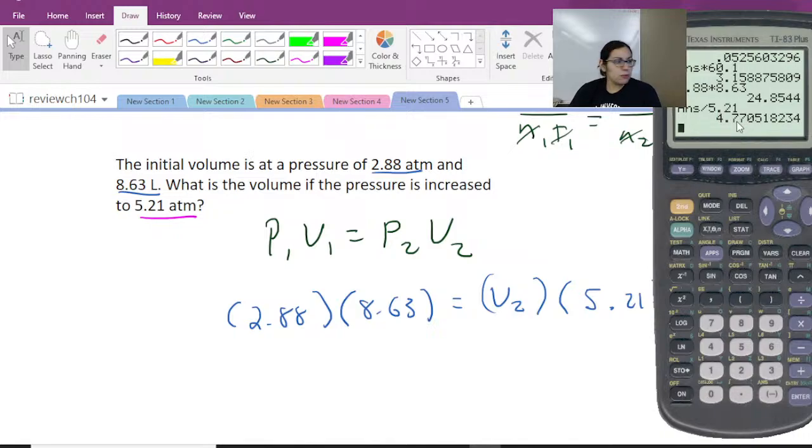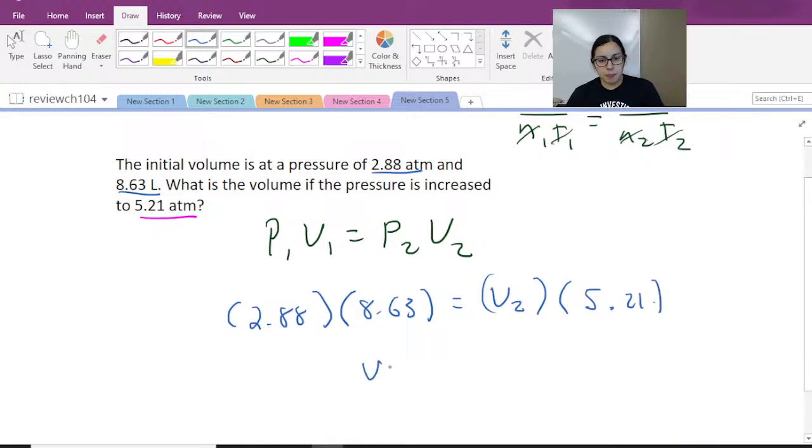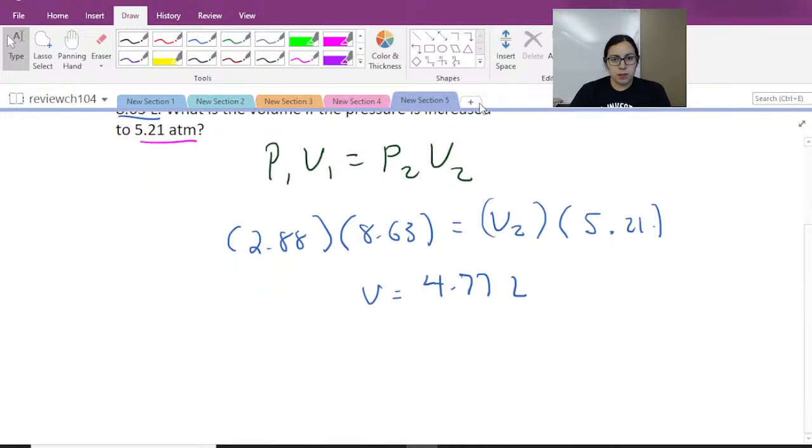And so do we all get 4.77? Excellent. So our new volume is 4.77 liters. Questions on that one? Flying through these.